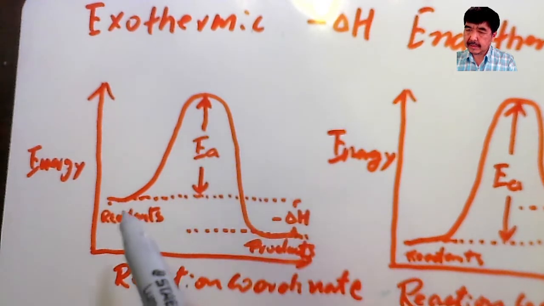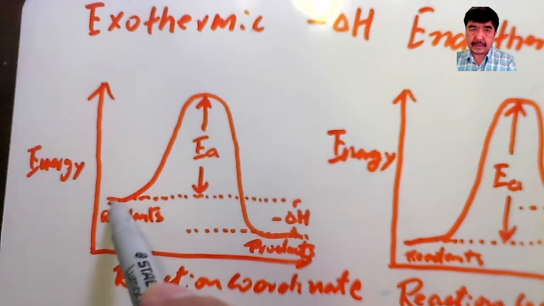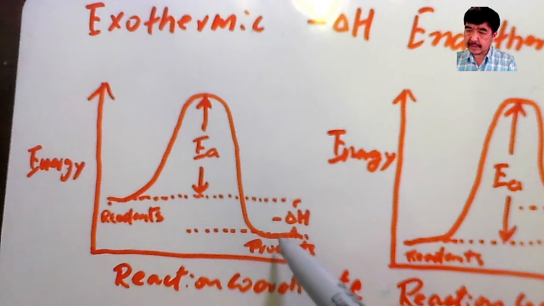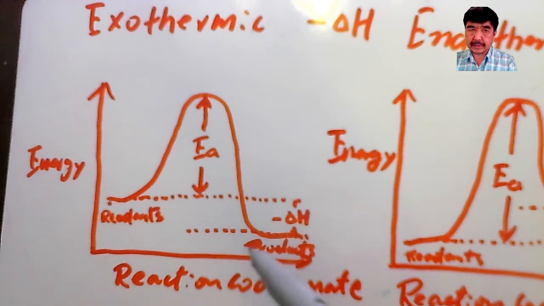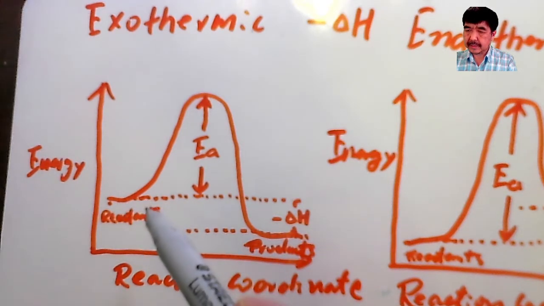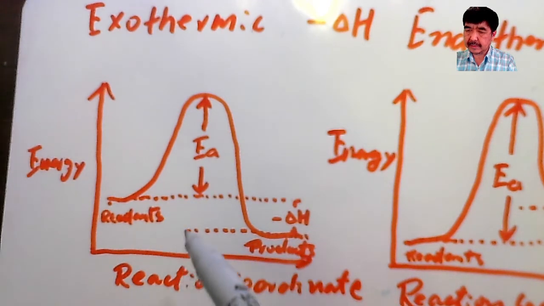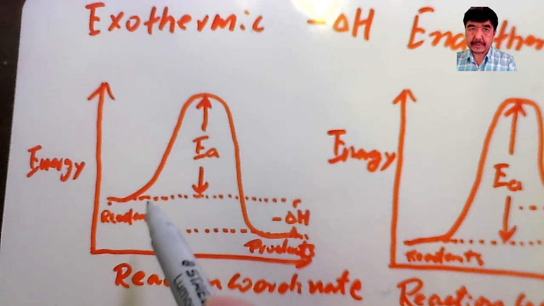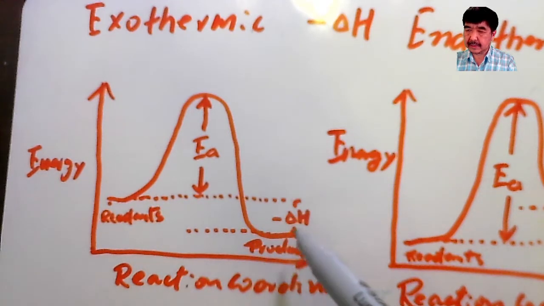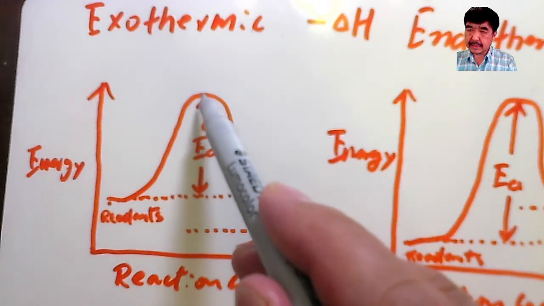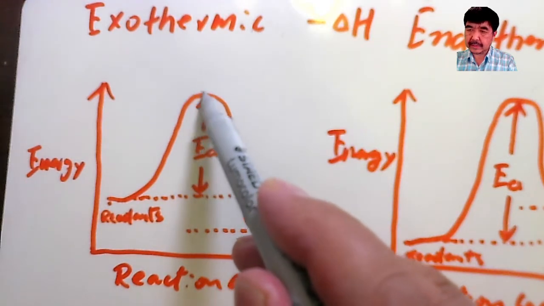This here is the reactant energy level. This is the product energy level. You can see the reactants' energy level is higher than the product's energy level. That's why the reaction releases energy.